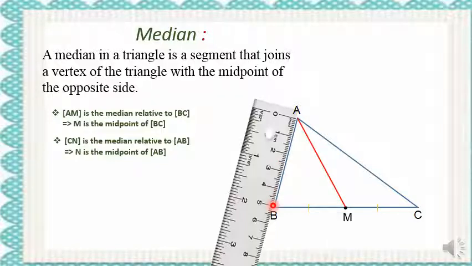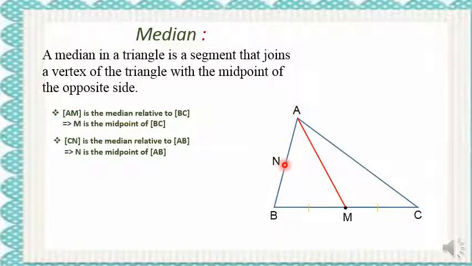It's 5 centimeters. Its midpoint is at 2.5 centimeters. Its midpoint is N. And let's put the marks: AN is equal to NB. Now we have to join CN to get the second median.